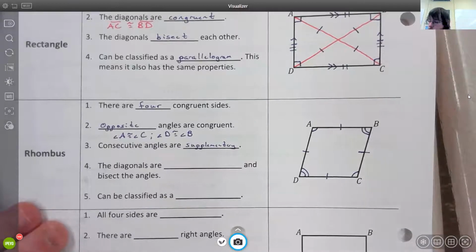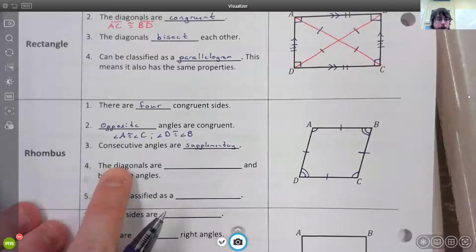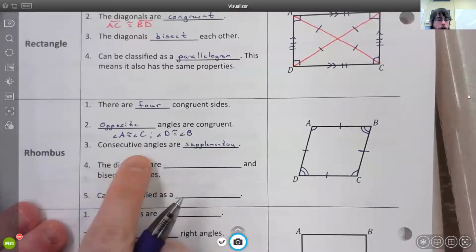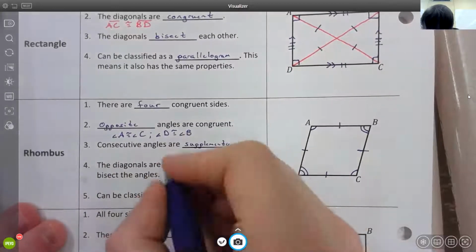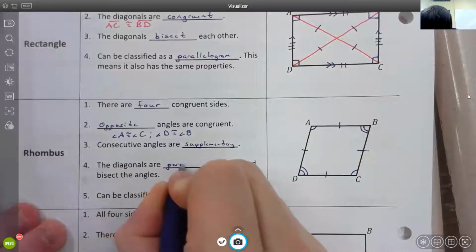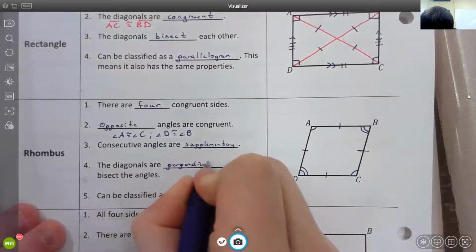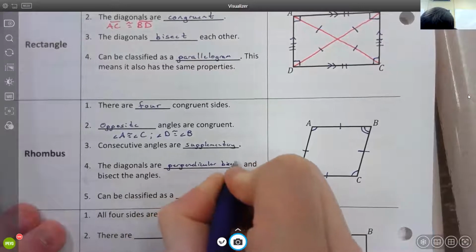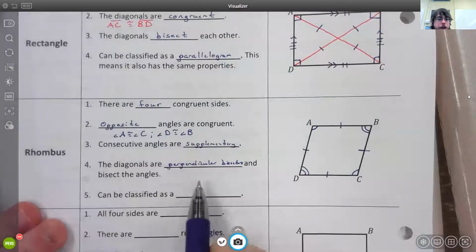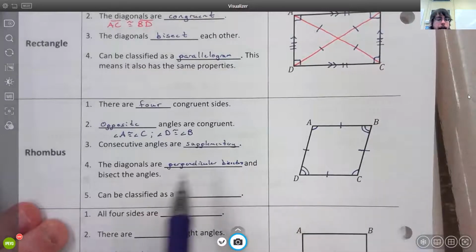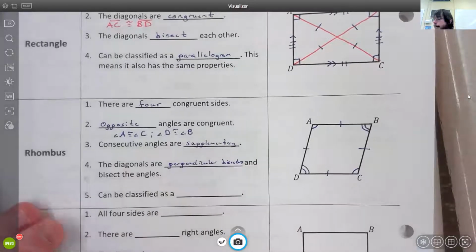Next up, the diagonals are perpendicular bisectors. So remember, perpendicular means they intersect at right angles. And the important thing is that they also bisect the angles.